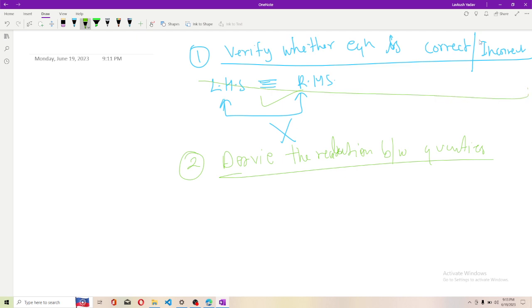So let's check how we can verify whether an equation is correct or not, and then we will also derive some relationships with the help of dimensional analysis.